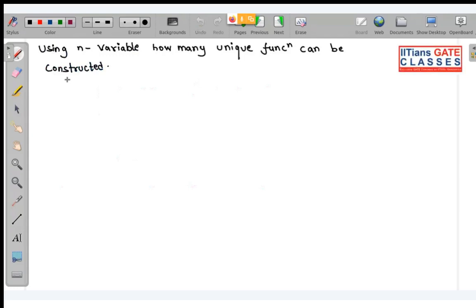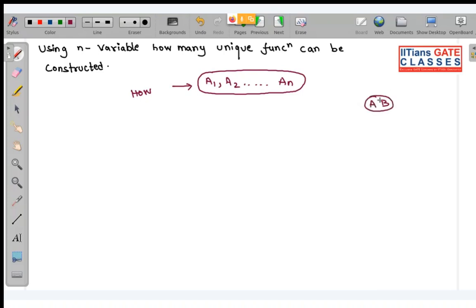Now let me ask you a question. Suppose I have n variables A1, A2 like this. With these variables, how many unique functions can I construct? Like if you have AB, with the help of variables AB, how many functions can you generate?